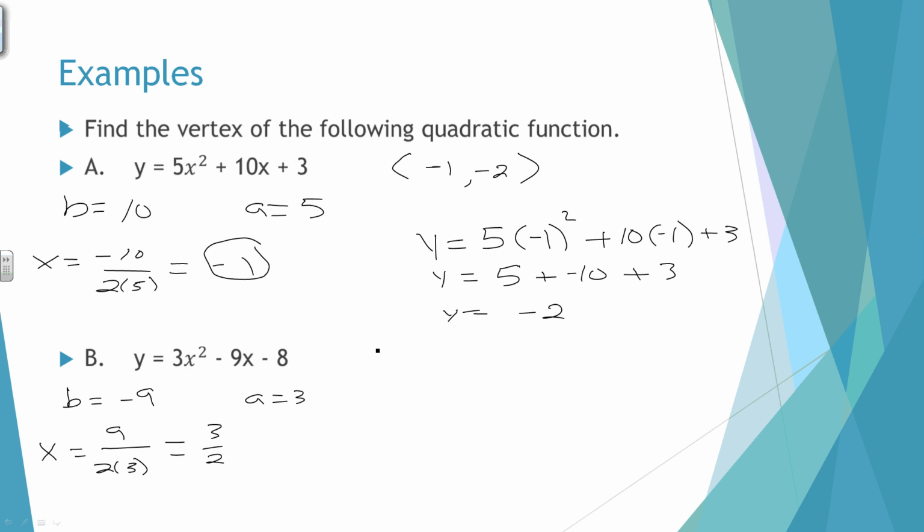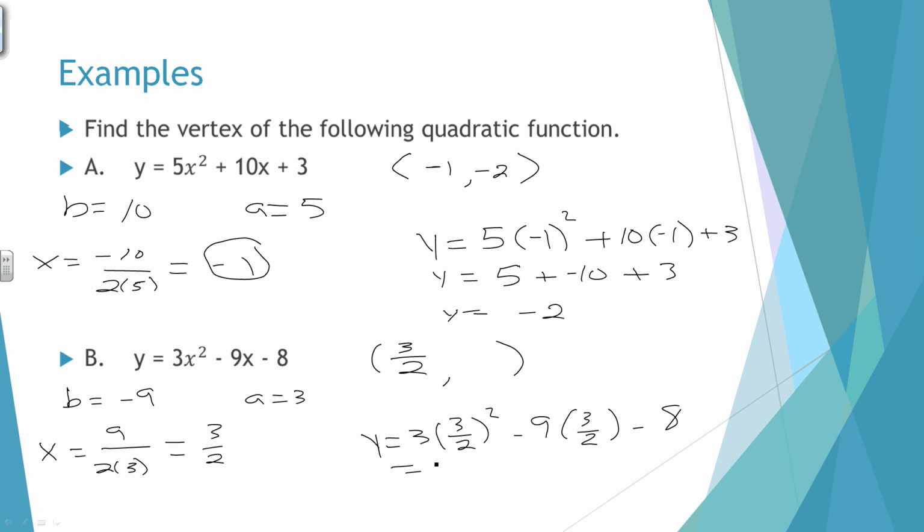So I'm going to go back in. Again, my ordered pair for this one: the first one will be 3 over 2. We can have fractions or decimals for a coordinate. That's fine. But to find my y coordinate, I'm going to plug 3 halves into the function here. So we're going to have y equals 3 times 3 halves squared, minus 9 times 3 halves, minus 8.